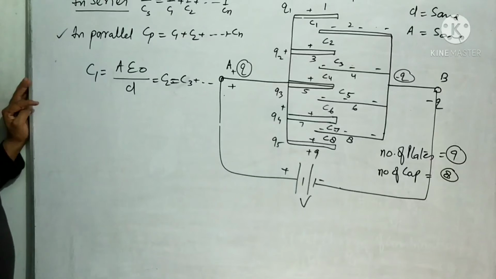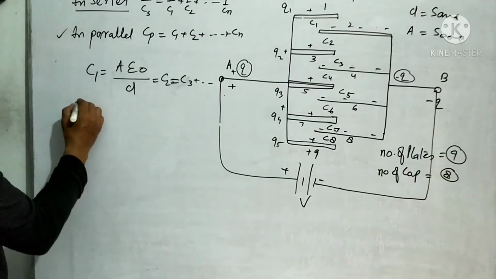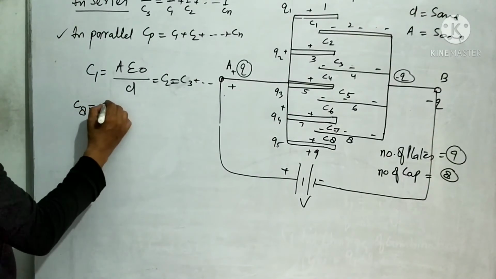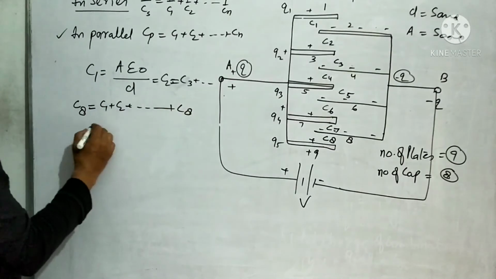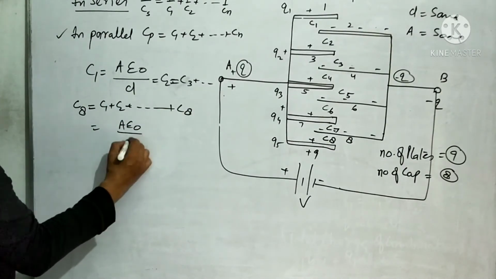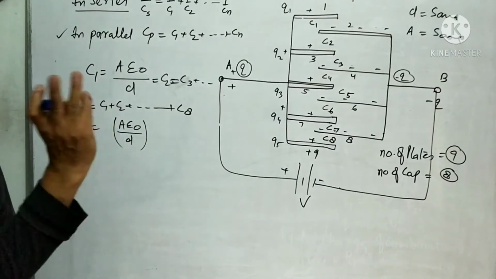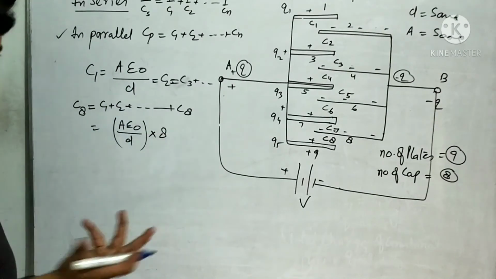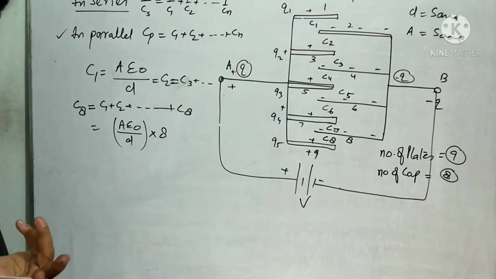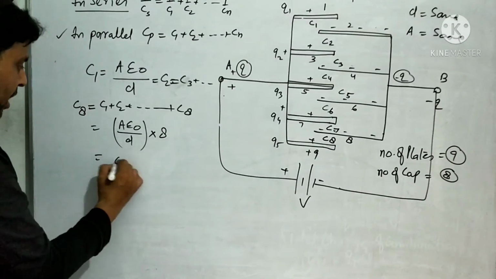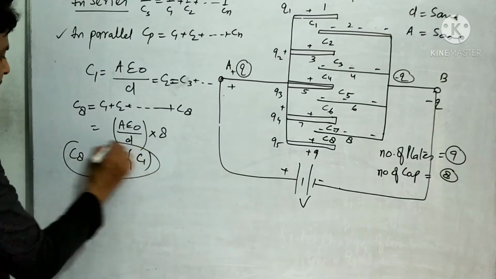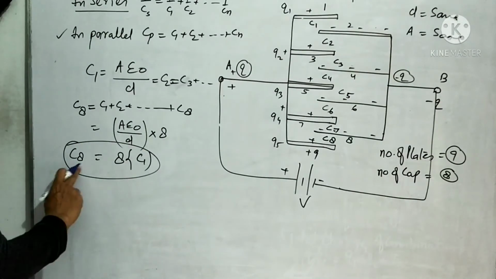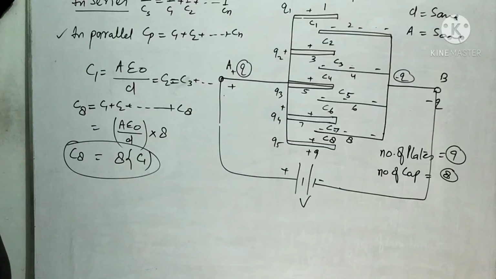Then the net capacitance for 8 capacitors is C1 plus C2 plus and so on up to C8, which means A epsilon naught over D multiplied 8 times, or 8 into C1. Very simple. So the net capacitance of this combination is 8 into C1. Is it clear?